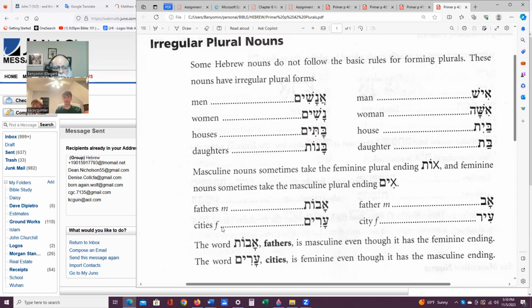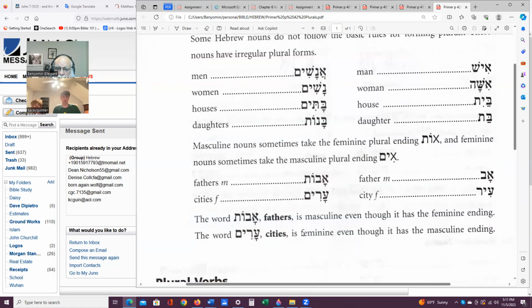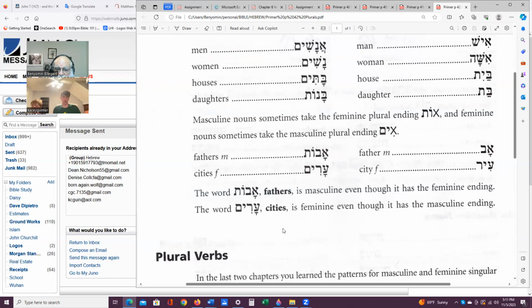Cities and names in general that are not the names of specific individuals or people are feminine. Names of a town, a country, or even the city. So we see that city is a feminine noun, and nevertheless it takes a masculine-looking plural. And then we have fathers and cities.